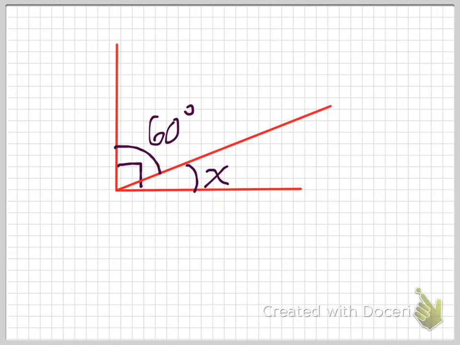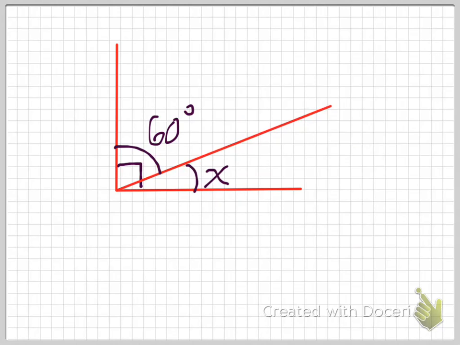How can you possibly know what X is, even without looking and measuring it with a protractor? How can you do this? Right. Here's the deal. If you know that these two angles, angle X and 60 degrees, are complementary, which means what?